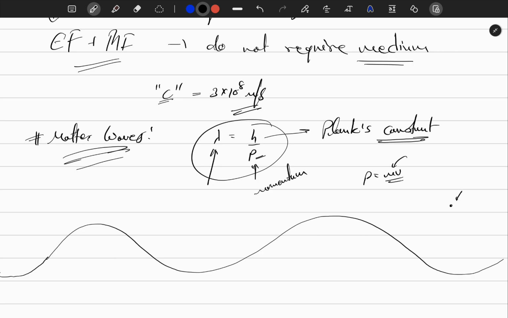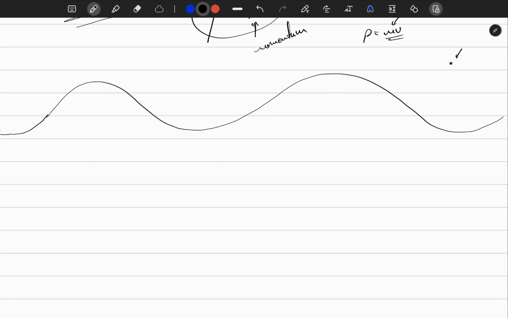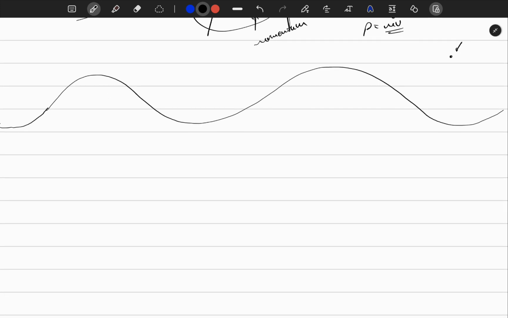So if a particle is represented by a wave, it means it can also be found in many places at the same time. These types of waves are matter waves, the waves associated with small particles. They are also associated with large particles, but they are very small and not measurable for large particles, while for small particles they are measurable.